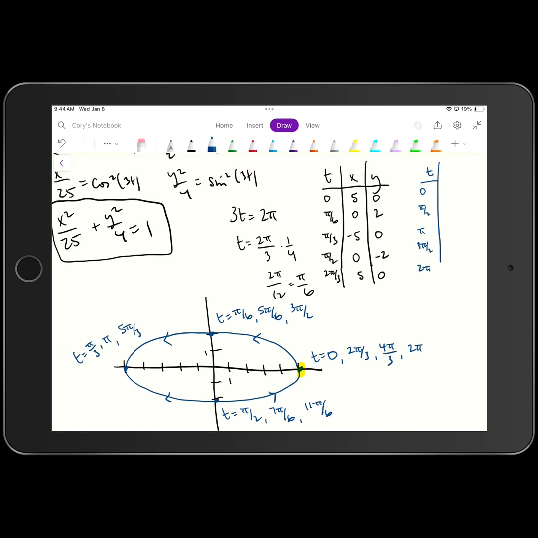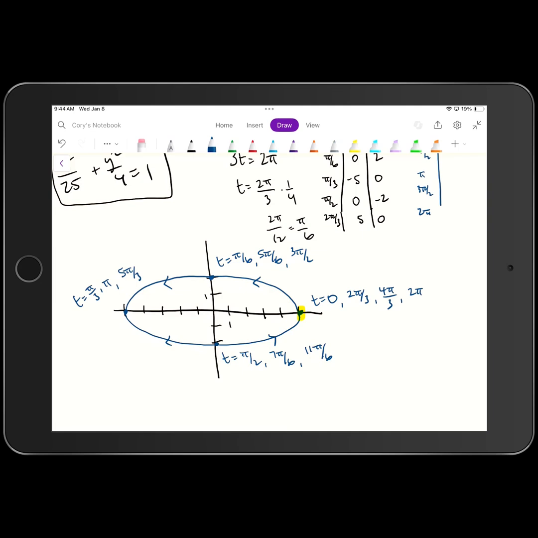Starting at 0, your particle is starting on the positive x-axis. If you look next at pi over 2, that's on the negative y-axis. The value of pi is on the negative x-axis. The value of 3 pi over 2 is on the positive y-axis.